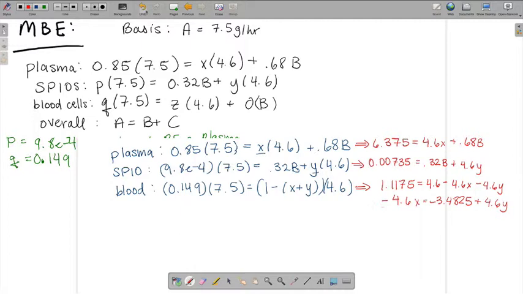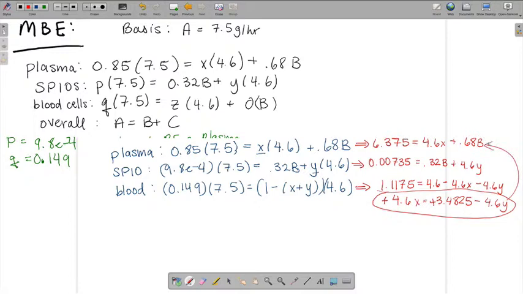Sorry, I had to add that negative sign. So in order to say that 4.6x is positive, let's make the 3.4825 positive as well, but the 4.6y won't be positive, my bad.